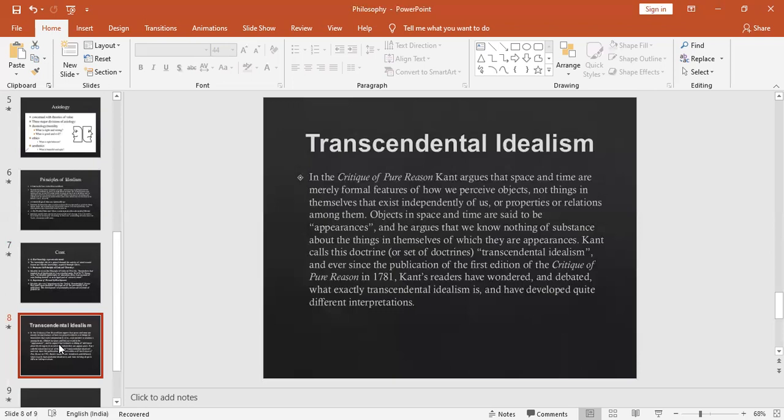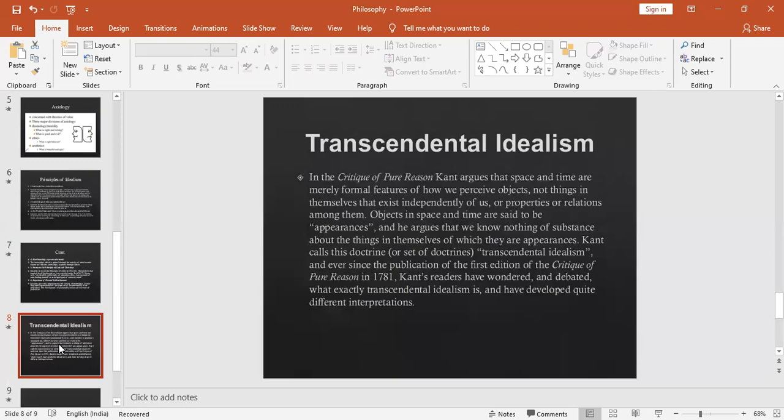Kant calls this set of doctrines transcendental idealism. Ever since the publication of the first edition of the Critique of Pure Reason in 1781, Kant's readers have wondered and debated what exactly transcendental idealism is, and have developed quite different interpretations.